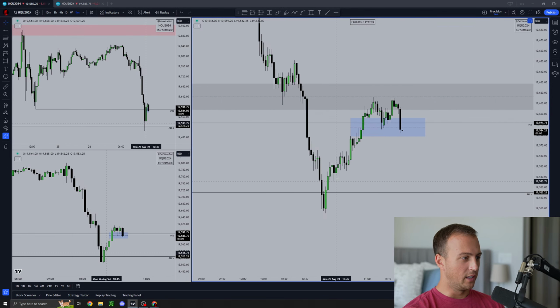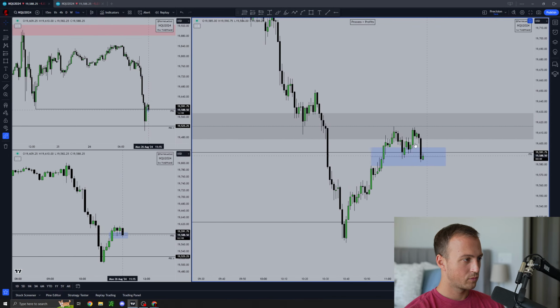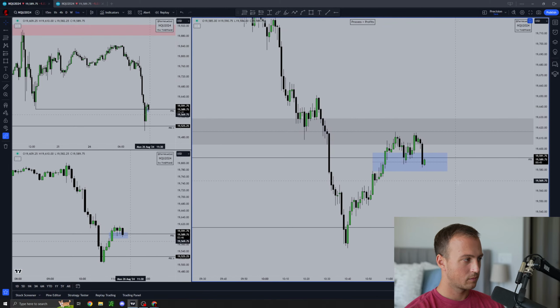You're starting to see this retracement wasn't like, compare this run down to this lethargic move back, or this retracement back. Still haven't really seen a shift in market structure on a 5-minute or higher.